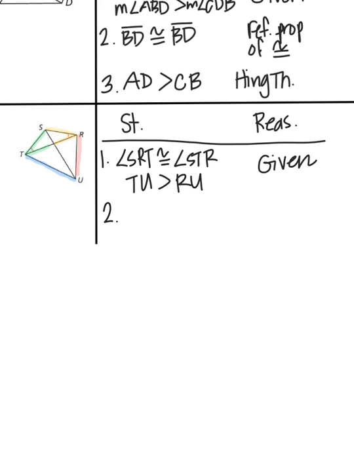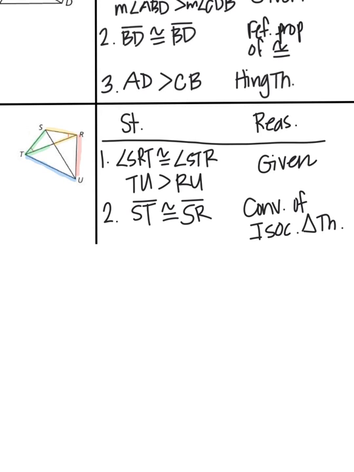So I am able to confidently say that segment ST is congruent to segment SR. And that is because of the converse of the isosceles triangle theorem. The original isosceles triangle theorem talked about the relationship between the sides and how it determines the angles. So the converse is how the angles determine the sides.